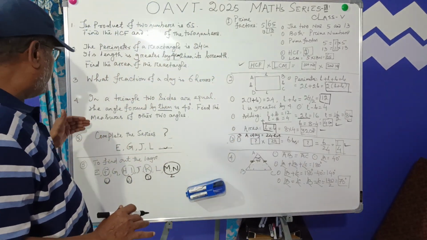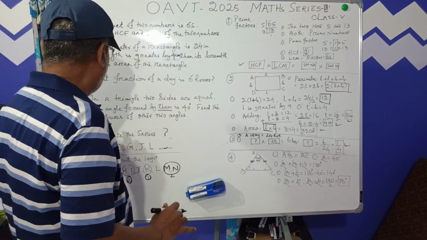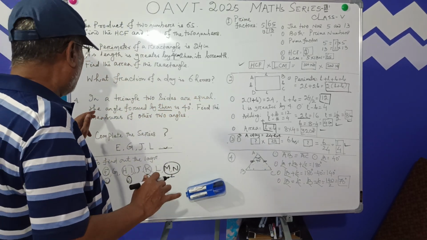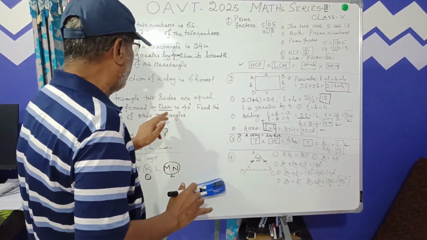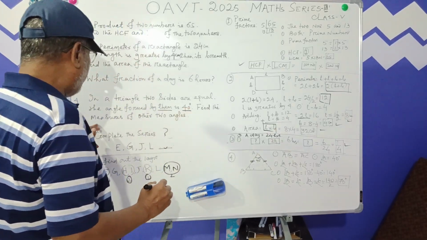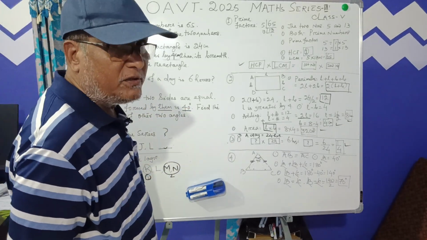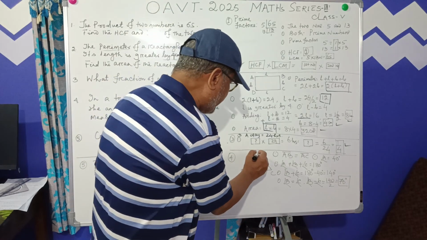Now let us come to the next question. In a triangle, two sides are equal, when the angle formed by them is 40. This is important. Angle formed by them is 40 degree. Find the measures of the other two angles. Look here, a triangle ABC is drawn for you.